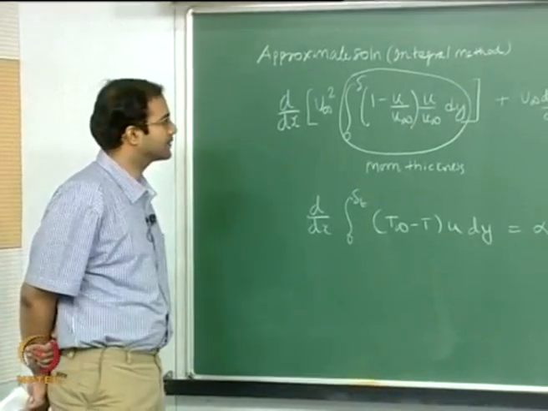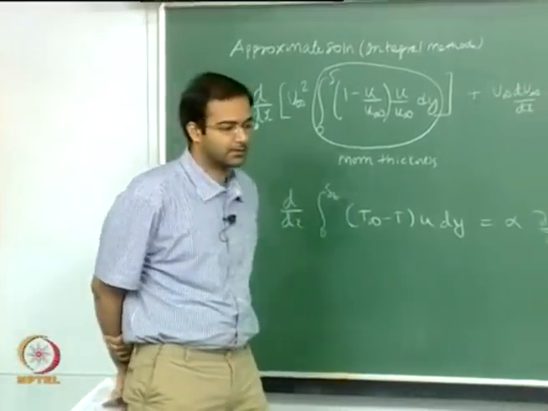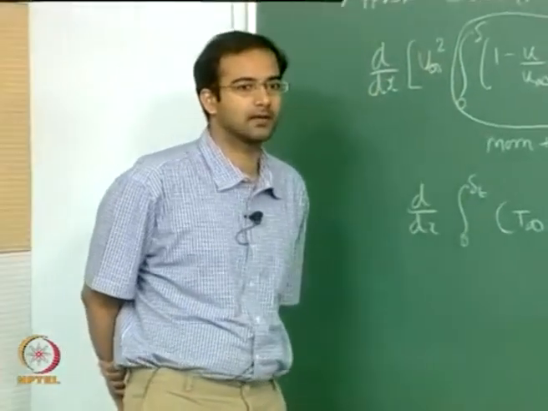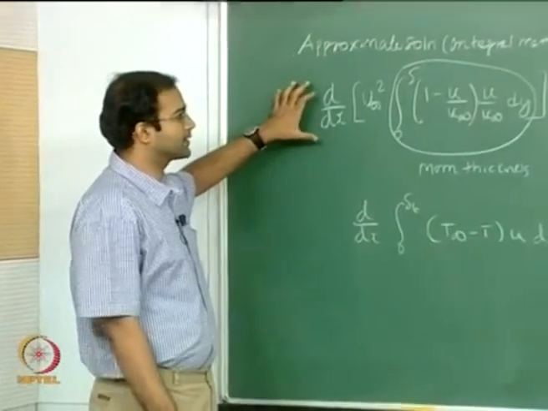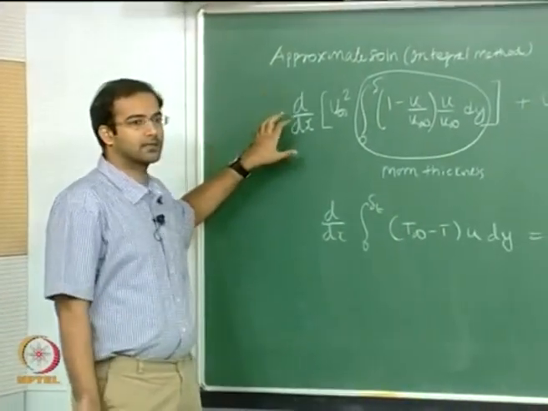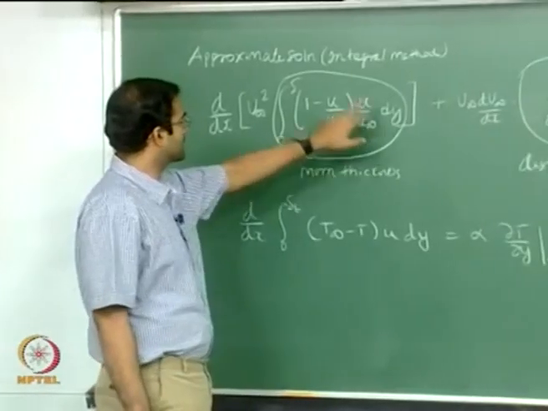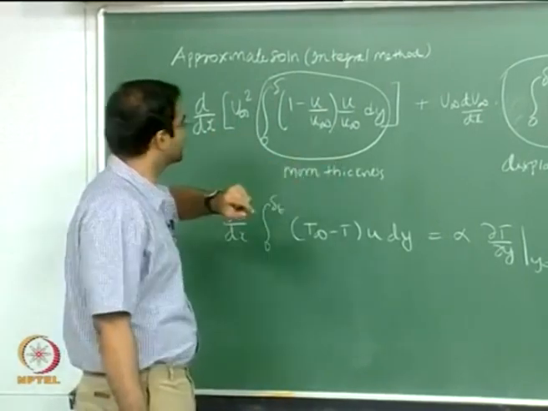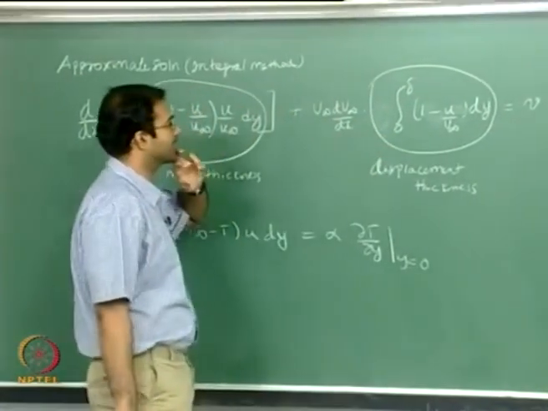So in the last class we had derived the integral form of the momentum and the energy equations, the generic form including the pressure gradient, and finally we expressed the momentum integral equation in this particular form. This includes the momentum thickness, which is the momentum integral sitting inside this, and the displacement thickness, which is the displacement integral here.